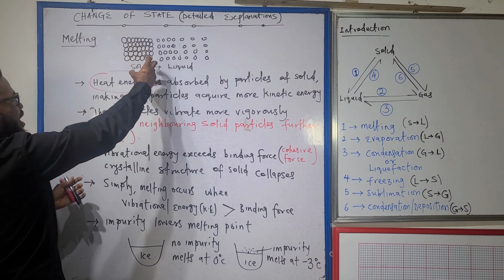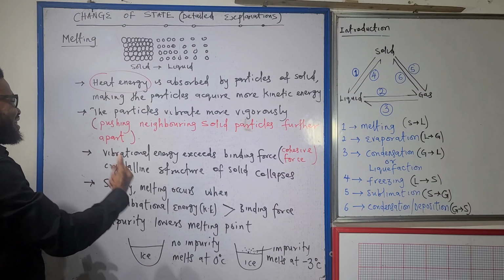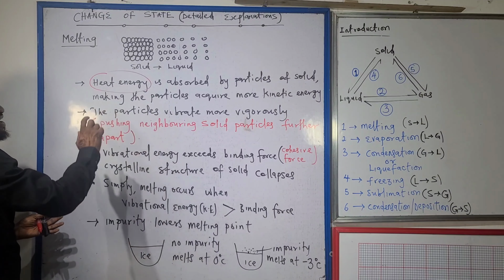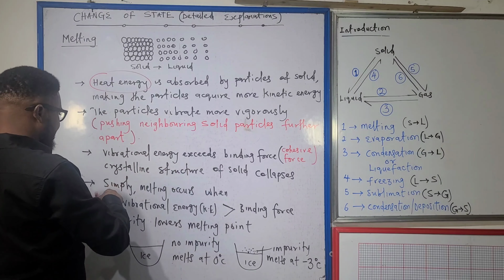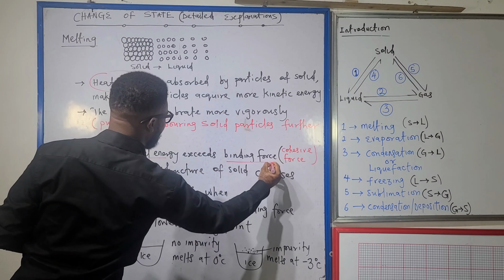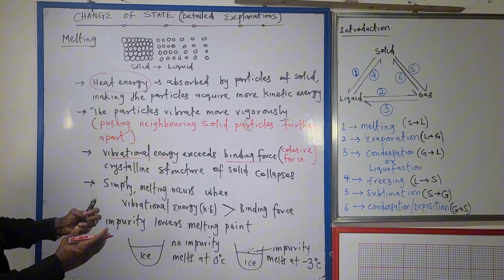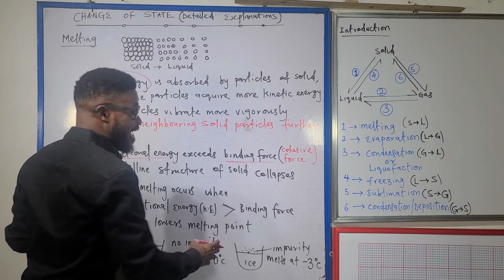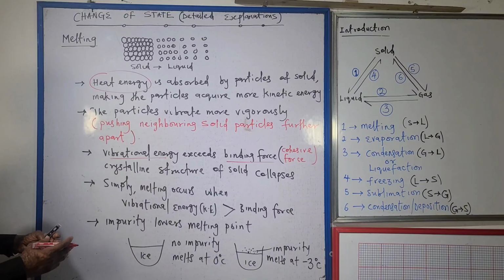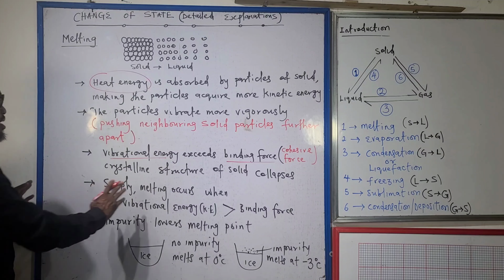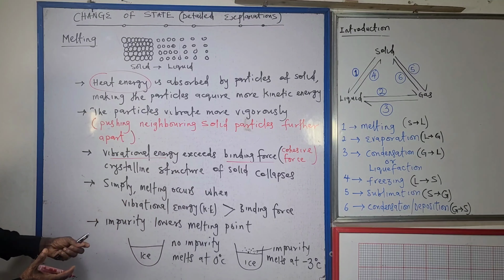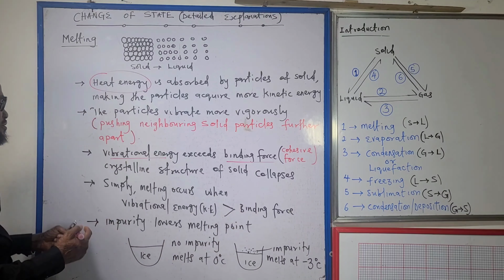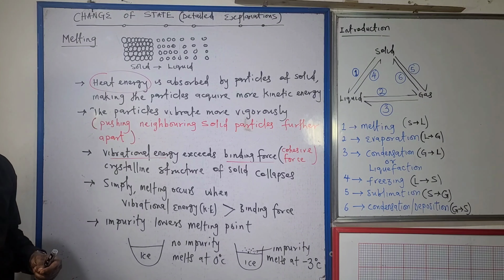When the particles have acquired so much energy and they vibrate with very high kinetic energy, if that vibrational energy exceeds the binding force, of course, you can call that cohesive force or intermolecular force, the crystalline structure of the solid is going to collapse, at which point you say the solid has actually melted. Simply, melting occurs when vibrational energy, as a result of the heat energy, is greater than the binding force. At that point, a solid is going to melt.